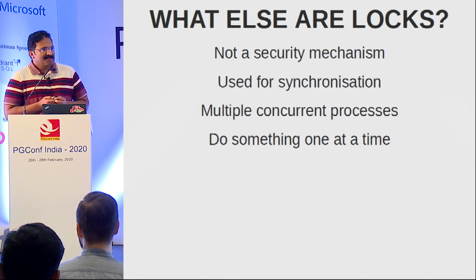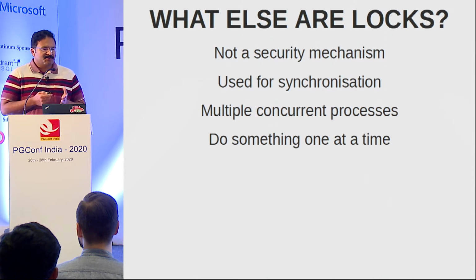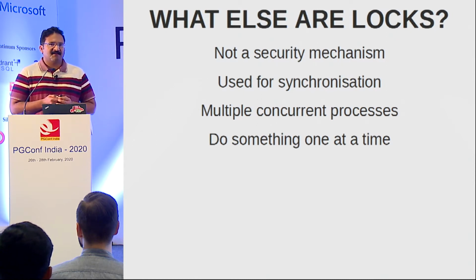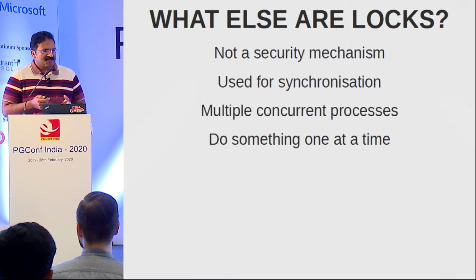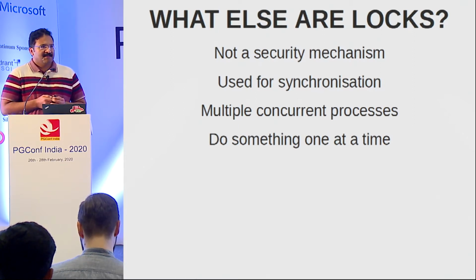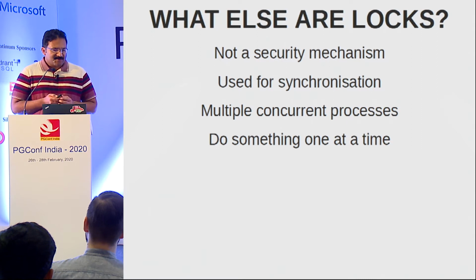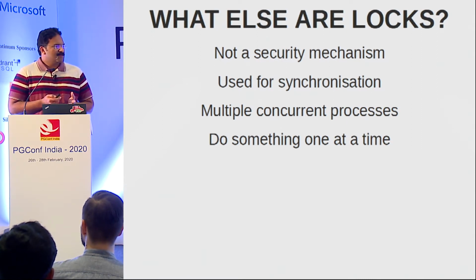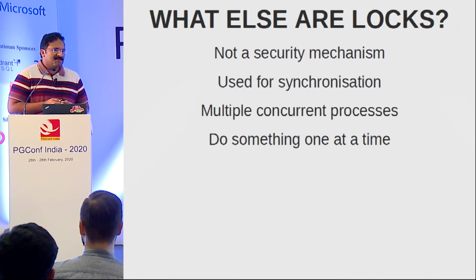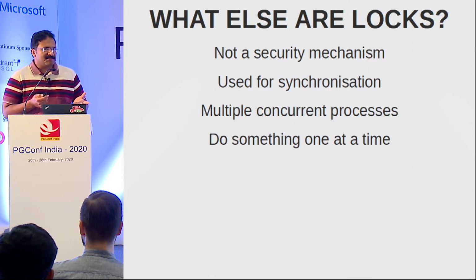They are fundamentally a mechanism to allow you to control how many processes are working on something at the same time. Typically, you use a lock to ensure that no matter how many processes are running, they can't interfere with each other. So typically, you use it to do some operation one at a time.